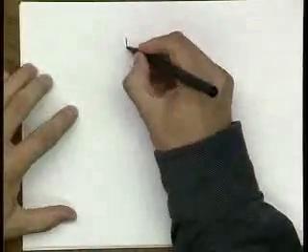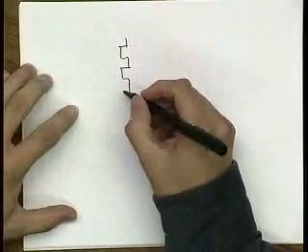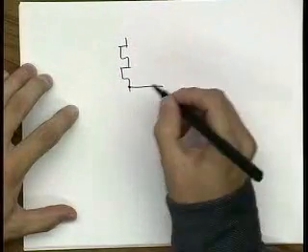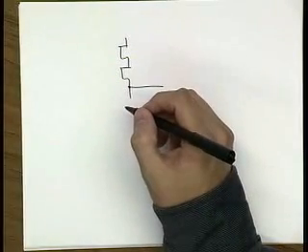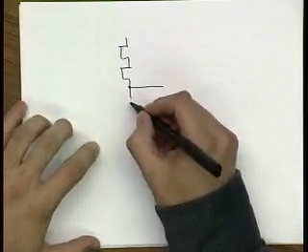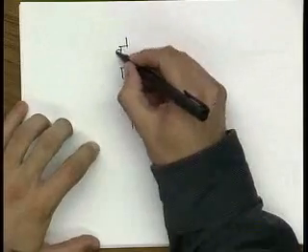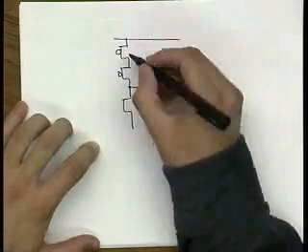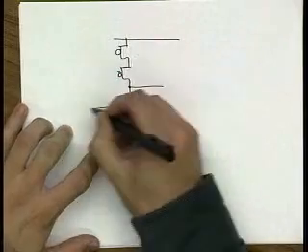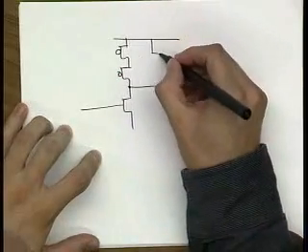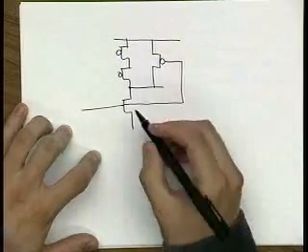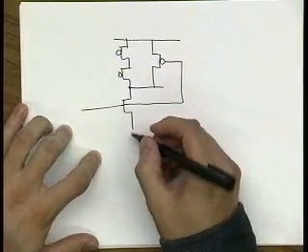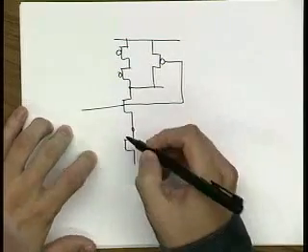As a side comment, dealing with complex gates, you may find a situation where logical effort is not equal for all the inputs just because of the complexity of a gate. And let me do one example to illustrate that. So let's say we have a gate like this, and then we have another PMOS over here that goes to this input, and then we finally have 2 more NMOS transistors.